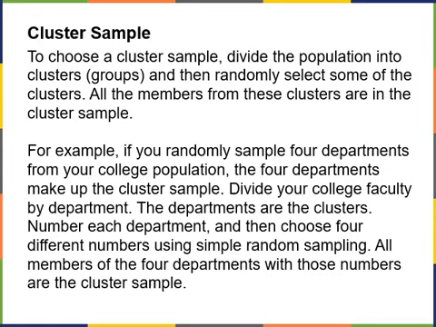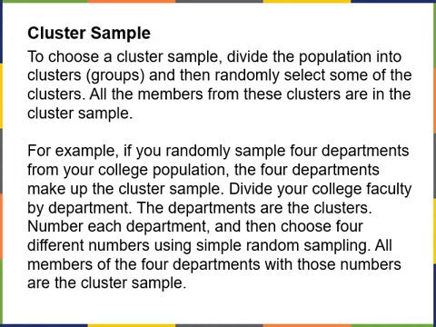Now cluster samples are kind of like that, but they're a little bit different. To choose a cluster sample, all we need to do is divide our population into clusters, and then you would randomly select some of the clusters. So all the members from that cluster are in the cluster sample.